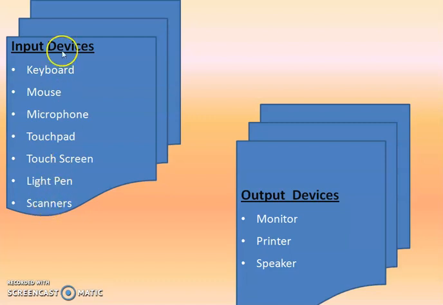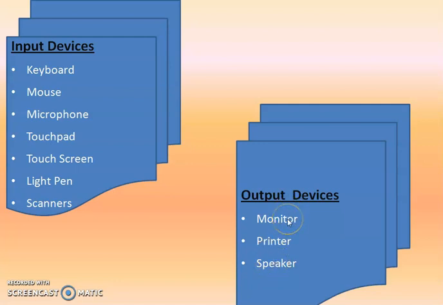Not only these, but we have also seen digital camera, web camera, joystick, etc. Then in output devices we have seen monitor, printer and speaker.